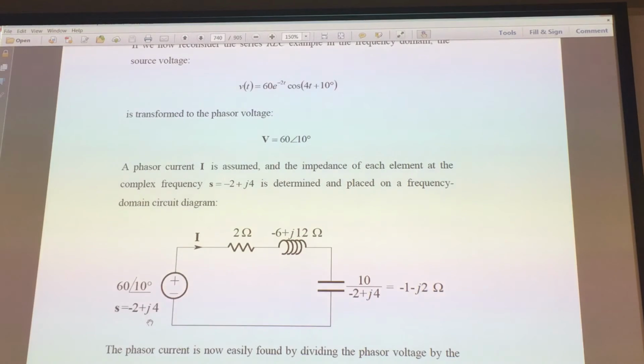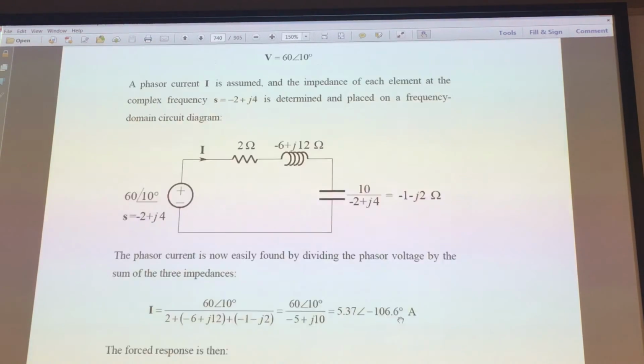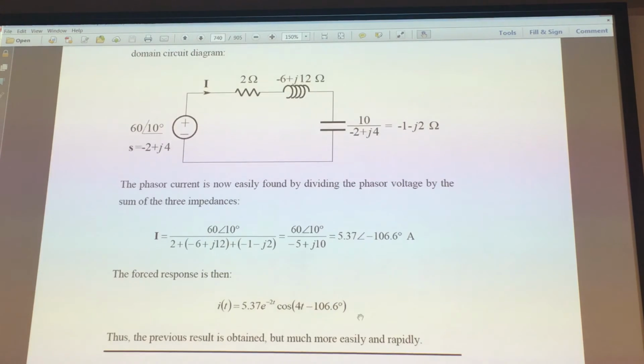You should know how to analyze circuits like that. You simply calculate the total impedance, which is the sum of impedances, where s, of course, is no longer just j omega, but it's sigma plus j omega, and do the calculations. And knowing that the damping coefficient cannot change, if it was -2, in the response it will also be -2.